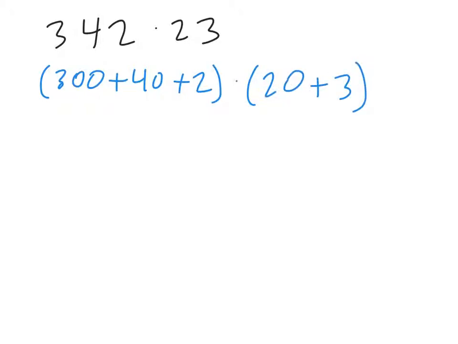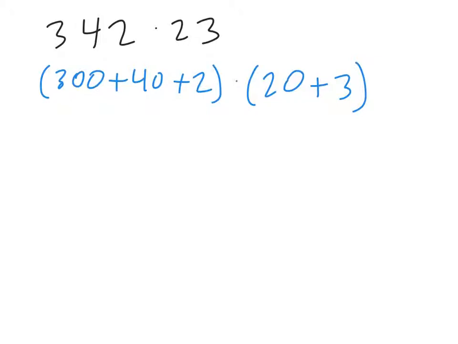So break everything up by its place. So we've got hundreds place plus tens place plus ones place times tens place plus ones place. And there's a few different ways to look at how to do this. First, we'll do it a little bit more algebraically. And to look at it this way, you want to multiply everything on one side by everything on the other side.